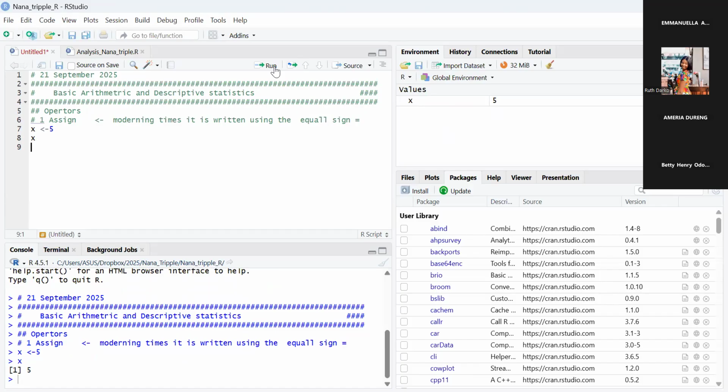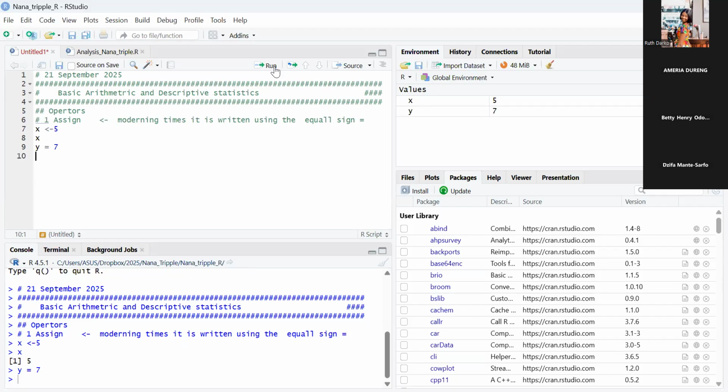Now, that is the assign, or I can say Y equals 7. So anytime I run it, remember, if you don't run it, R does not execute.